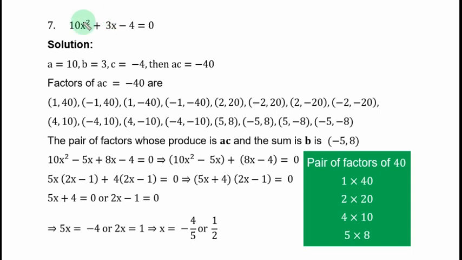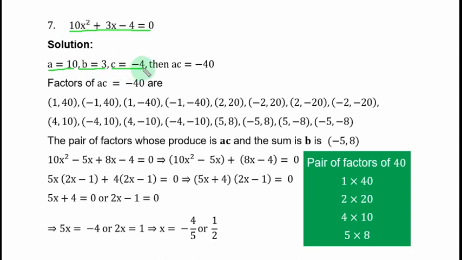Example 7, we have 10s squared plus 3s minus 4 equal to 0. When you compare, you see that a is equal to 10, coefficient of s squared. b is equal to 3, coefficient of s, and c is equal to minus 4.